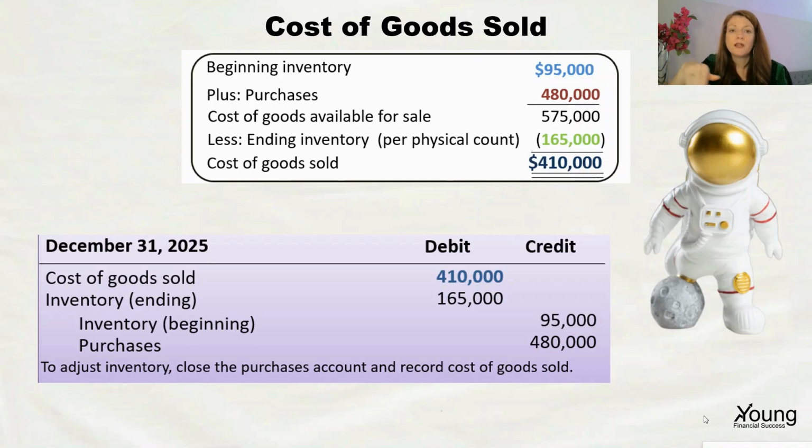We are going to credit our purchases because we've got that. That's a temporary account. Yes, it is a balance sheet account, but that one is temporary. So we get that off the books because it's going to be reflected in inventory now. Then we are going to debit inventory for what we actually have on hand, the 165, which tells us our cost of goods sold is 410,000.